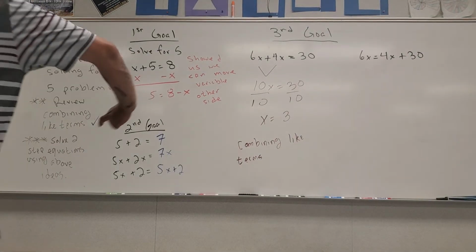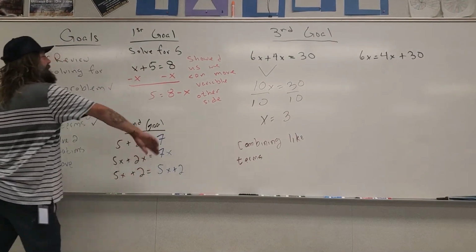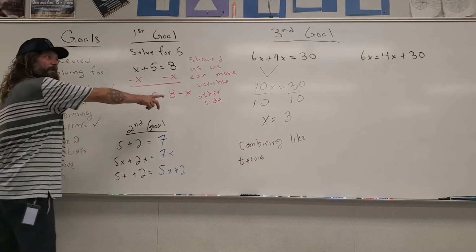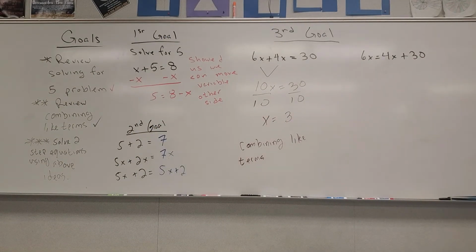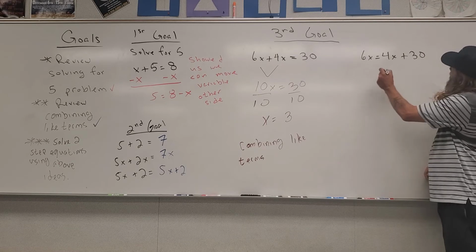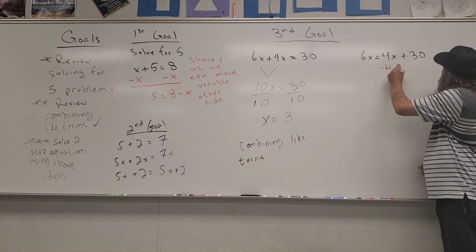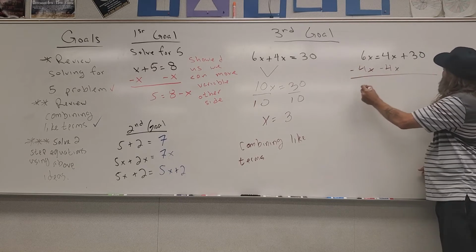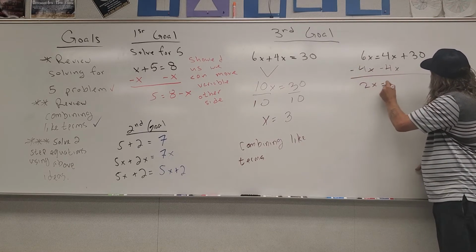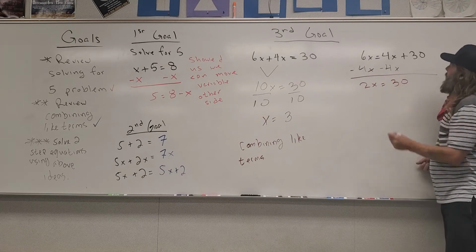Okay, so we saw in the second goal that we can move a variable to the other side. Now, you can move either variable, but you want to be strategic. You want to leave the number by itself, so I'm going to move this 4x to the other side. And now I'm left with 2x is equal to 30.